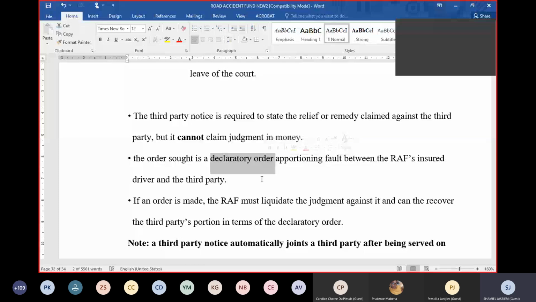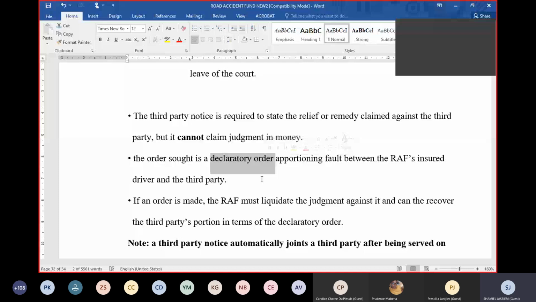So the court in its judgment will state that Shamil Jassim, you are the only defendant before court. The court finds that you must pay the plaintiff the sum of 100,000. And the court will continue with a declaratory order and state that you, Shamil Jassim, contributed 10% of the injuries that the plaintiff sustained and that the third party contributed 90%. But the order of 100,000 is against me as a defendant.